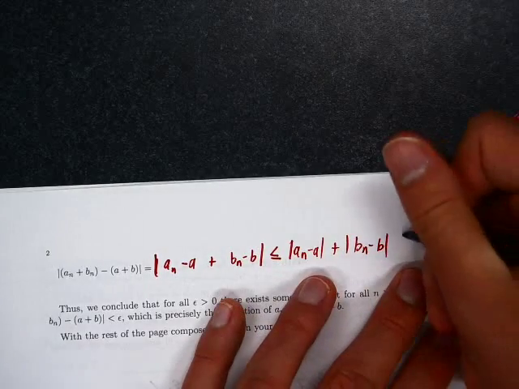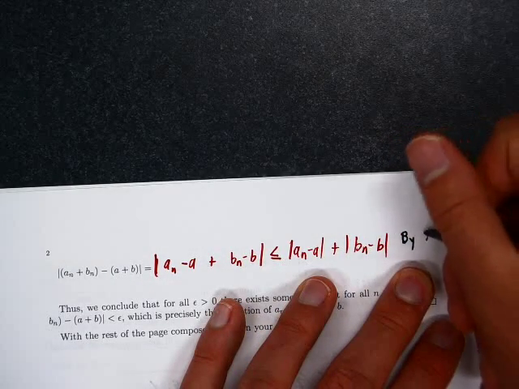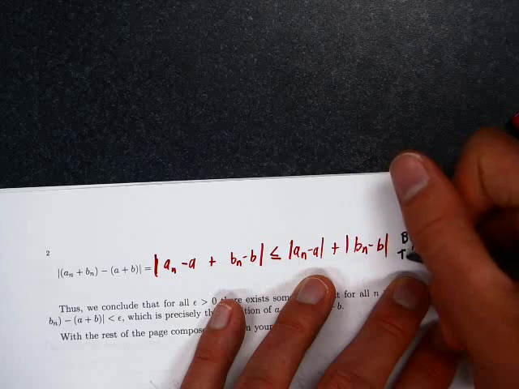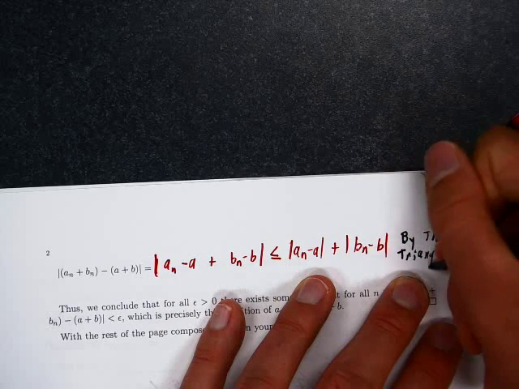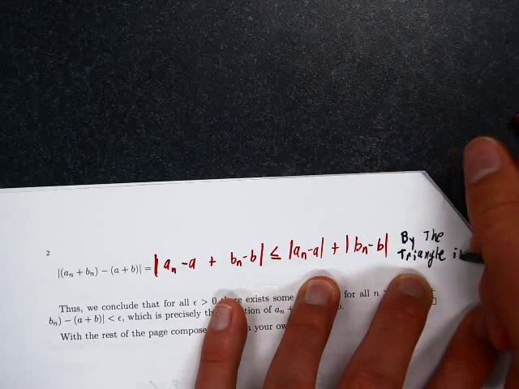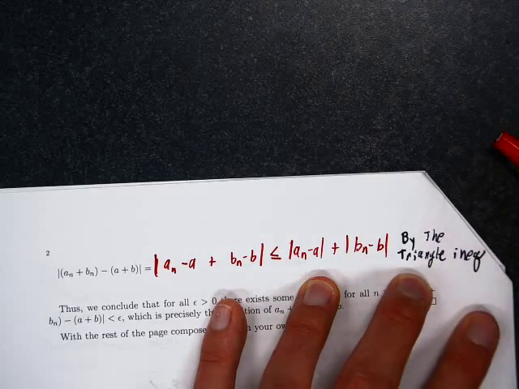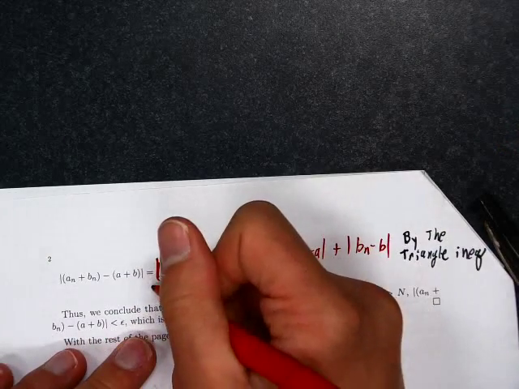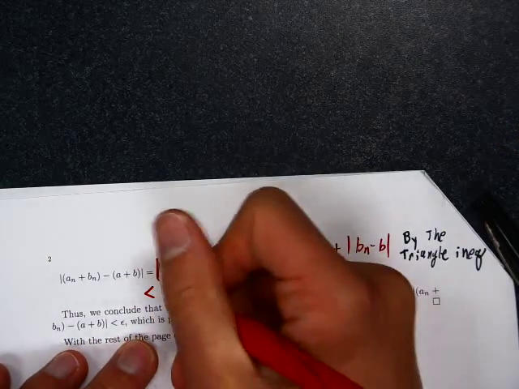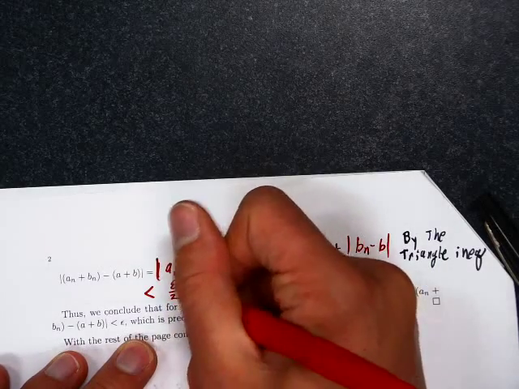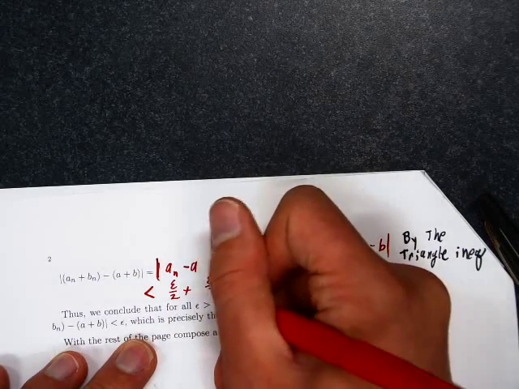And maybe I'll even put the reason here just so you can read it: by the triangle inequality. And hey, a sub n minus a is less than epsilon over 2, and b sub n minus b is less than epsilon over 2.